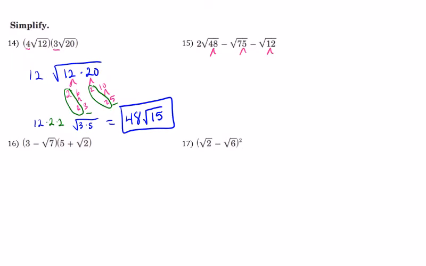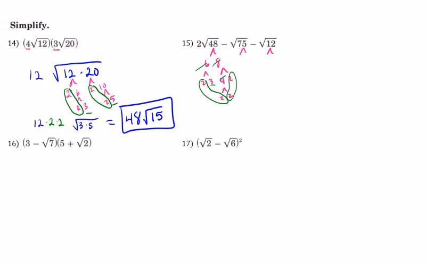Okay, so 48 we can do 6 times 8, 2 times 3, 8 is 4 times 2, and 4 is 2 times 2. So we have a pair of 2s here, a pair of 2s here, and another pair of 2s here, and then we have a leftover 3, right? Remember, we don't worry about these composite numbers, just the prime numbers.